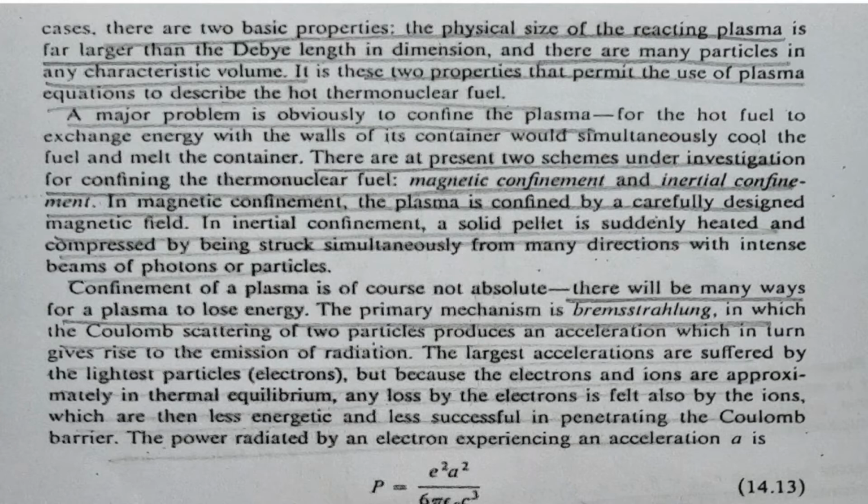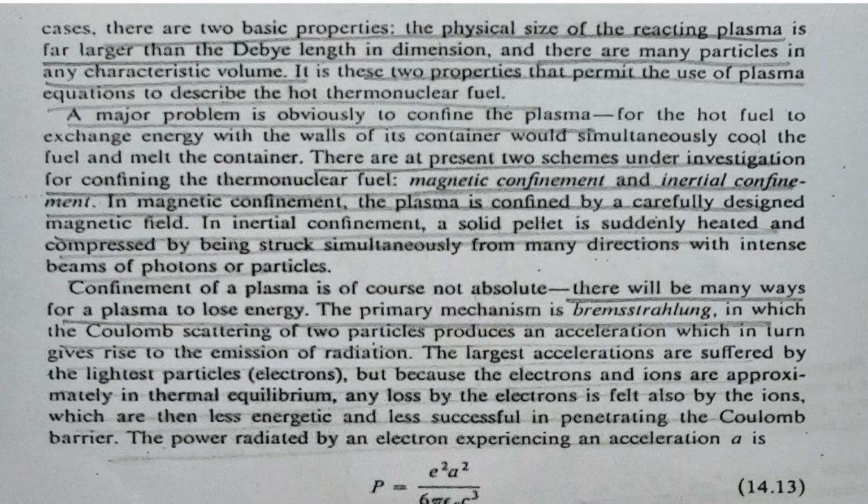There are many ways for plasma to lose energy, so we say plasma confinement is not absolute. One of the primary mechanisms by which plasma loses energy is Bremsstrahlung. In this process, the Coulomb scattering of two particles produces an acceleration which in turn gives rise to the emission of radiation. In normal cases, we know large accelerations are suffered by lighter particles.